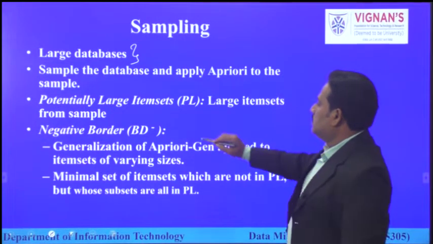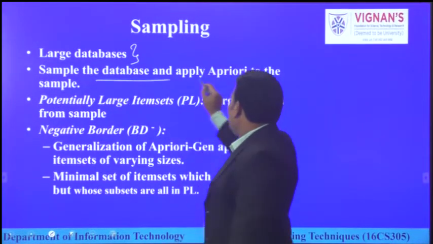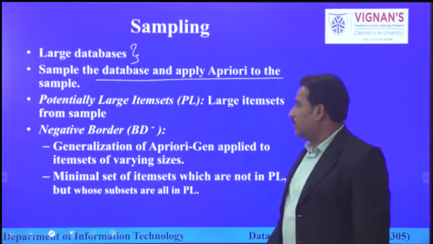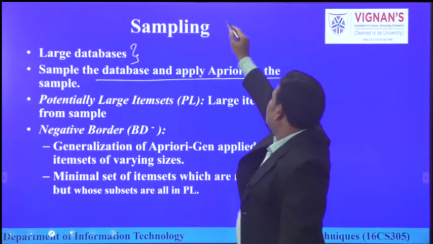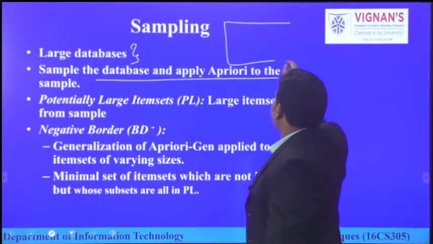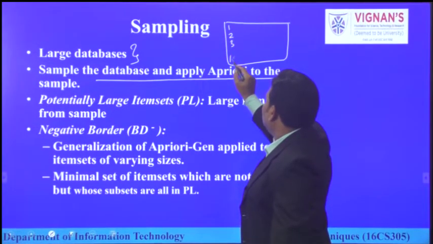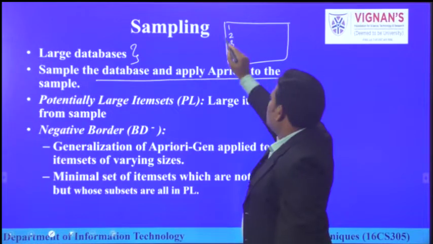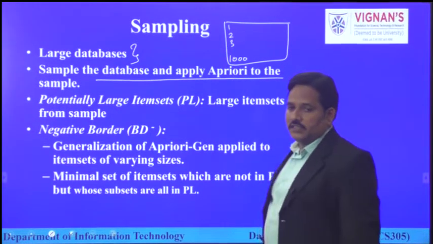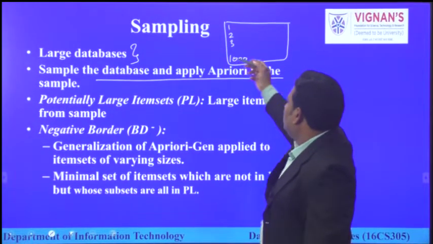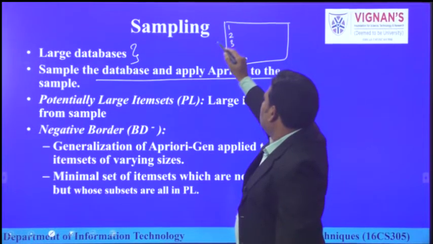That means select a sample database and apply Apriori to the sample. Let us take one small example here. We have 1000 transactions, 1, 2, 3 up to 1000. Instead of selecting all 1000 transactions at a time, apply a sampling algorithm.